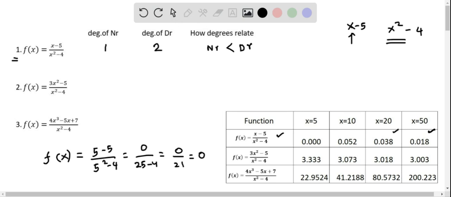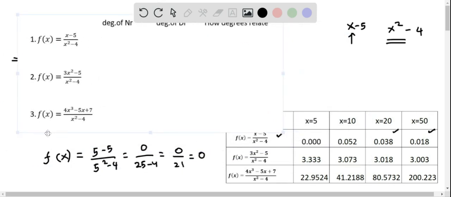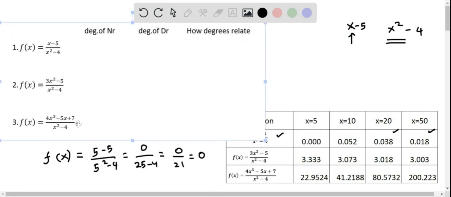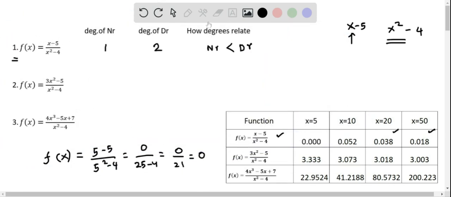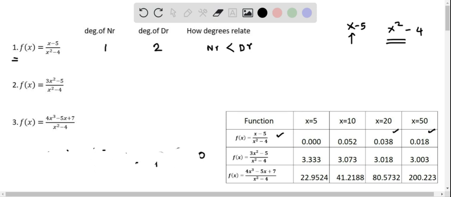Finally, we have to answer one more question related to this function: how does y approach something when x becomes larger and larger? Let's do some analysis. Looking at the table values, x is increasing from 5, 10, 20 and 50. At 5, f of x is 0.